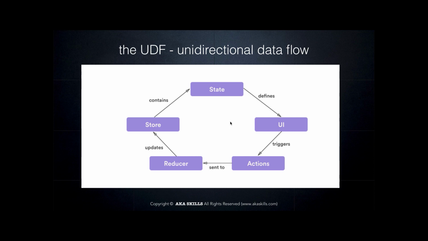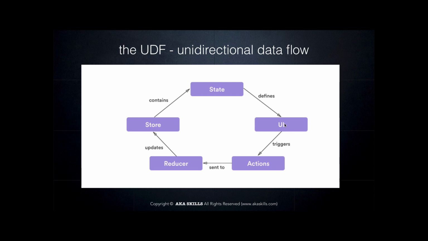The unidirectional data flow starts with the user. This is what the user sees: the UI. The user in some way interacts with the UI.